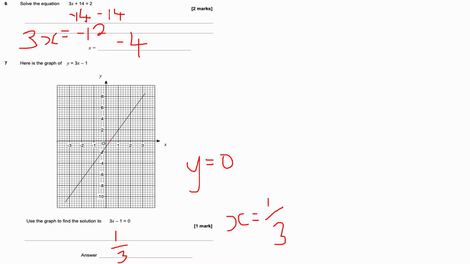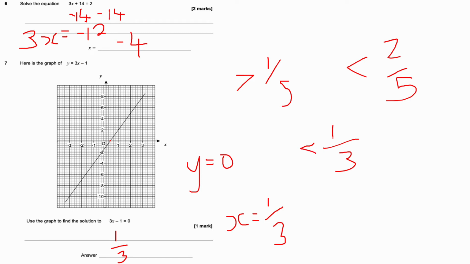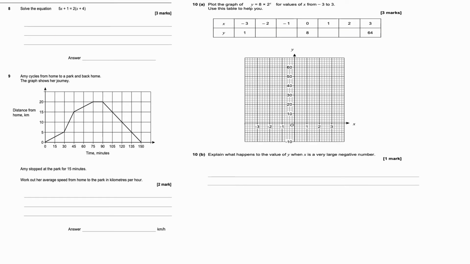So it's greater than a fifth, but smaller than 2/5, so it's a fraction in between there. I got the answer to be a third, because a third satisfies this region. Hopefully it makes sense, but again, feel free to pause it and double check my answer.